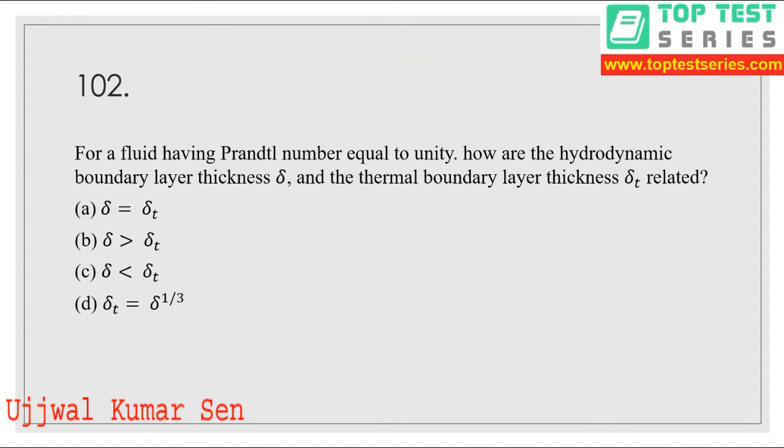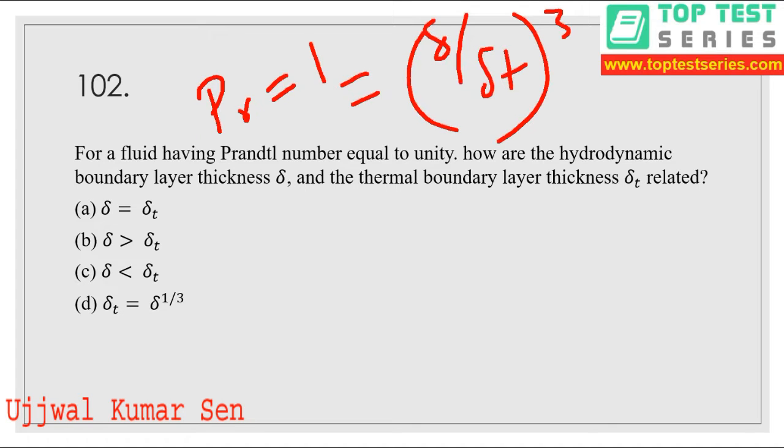Question number 102. For a fluid having Prandtl number equal to unity, it is saying Pr is equal to 1. How are the hydrodynamic boundary layer thickness and thermal boundary layer thickness related? So we know that Pr is equal to (delta by delta T) to the power 3.